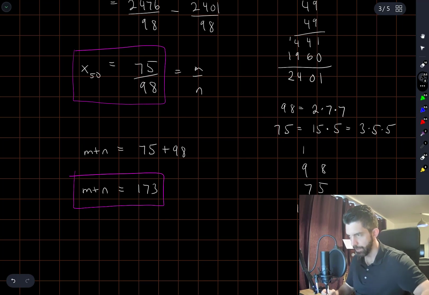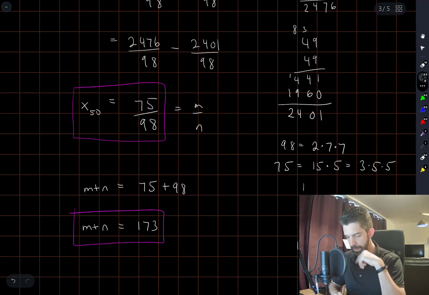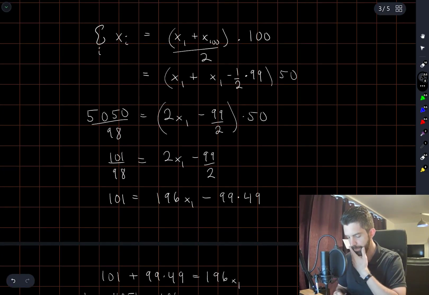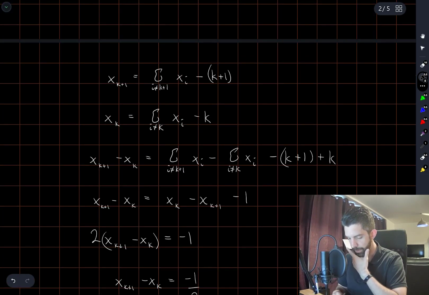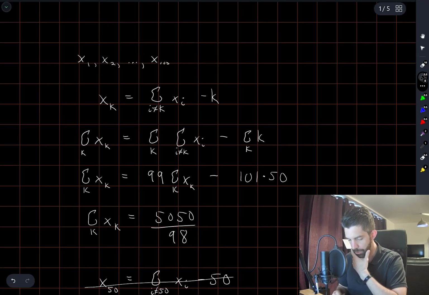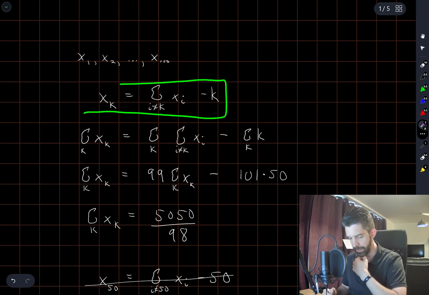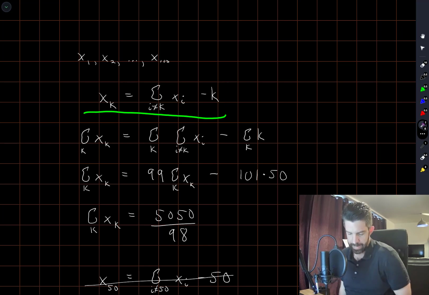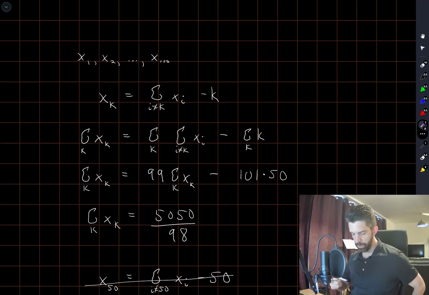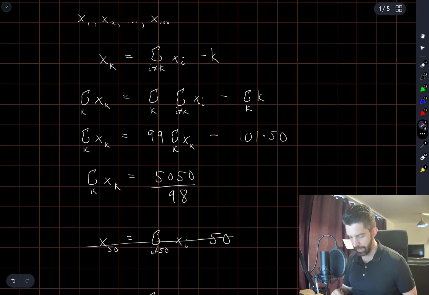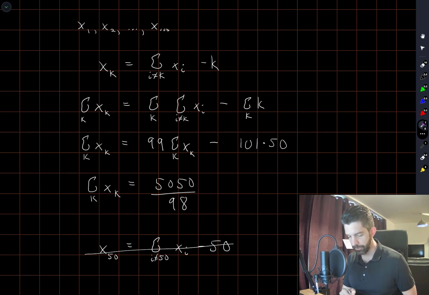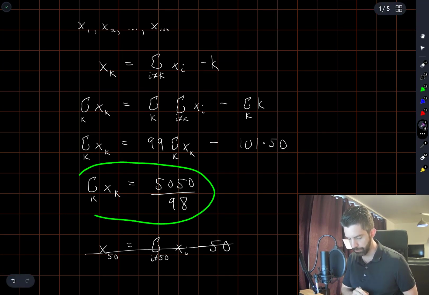It's possible I made an arithmetic mistake somewhere. I think the key to this one, of course, was writing down the original property in an equation like this. And then I'm not sure exactly what it was that allowed me to identify right away that summing this up over all values of k would lead to something useful.